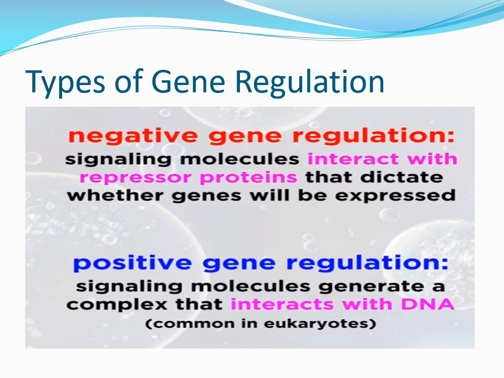Negative gene regulation refers to the regulation in which a repressor protein is involved, and it is this repressor protein which dictates whether the gene under consideration will transcribe or not. While in positive gene regulation, the regulatory protein or the signal interacts with the DNA and regulates the expression of the gene.